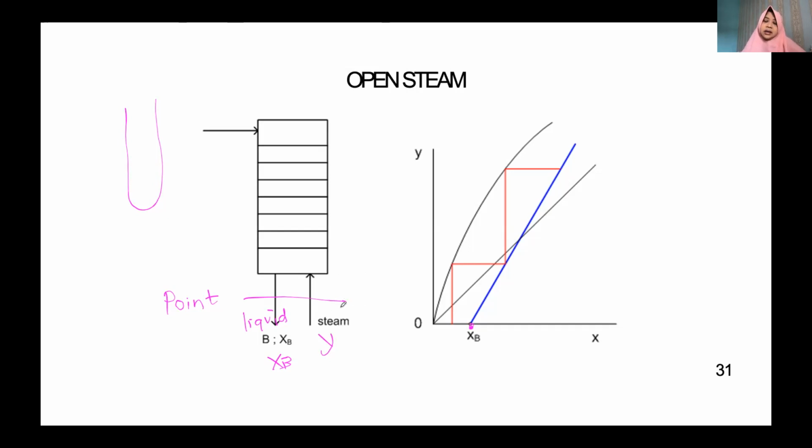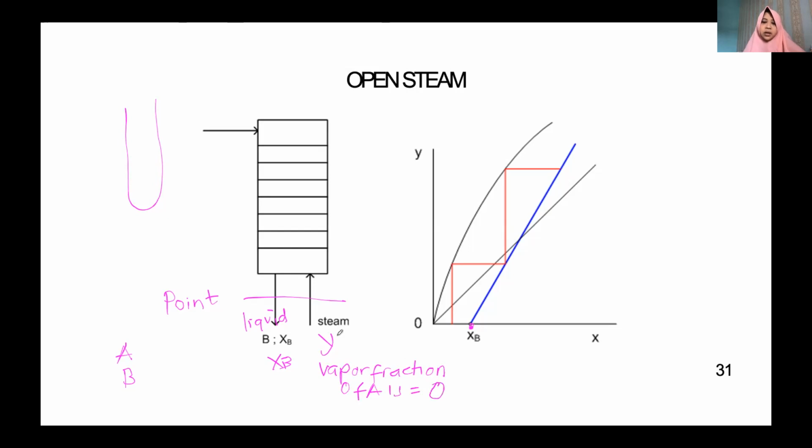Let's say there are two components A and B, and for example X is the liquid fraction of A, and Y is the vapor fraction of A. For the steam, there is no A in the steam, so that means the vapor fraction of A is 0.